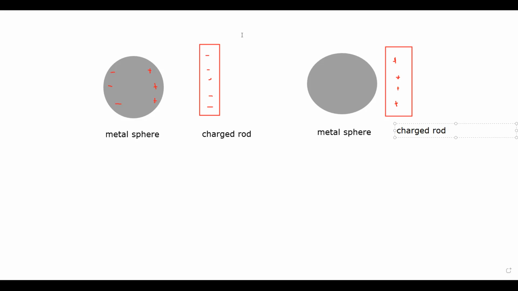Because electrons experience attraction, I will draw electrons on the right hand side, and on the left hand side I will draw the positive ions.